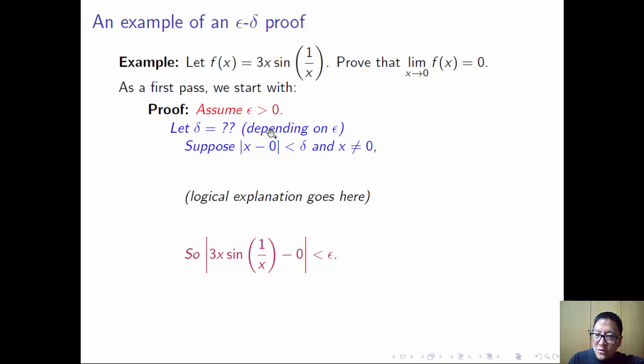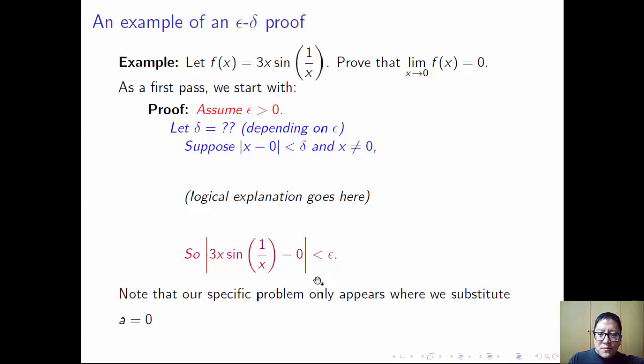Remember, this used to say a, but here we replaced the a with a 0 because we're looking at the limit as x approaches 0. Then there's some logical explanation, which we'll figure out later. But we know that the end says the absolute value of 3x sine of 1 over x minus 0 is less than epsilon.